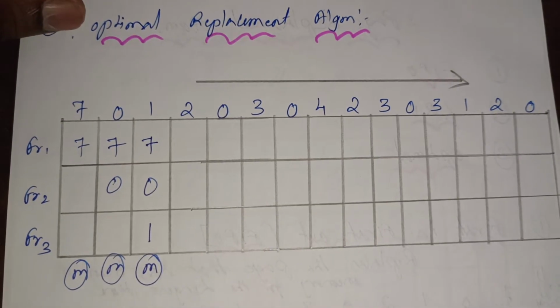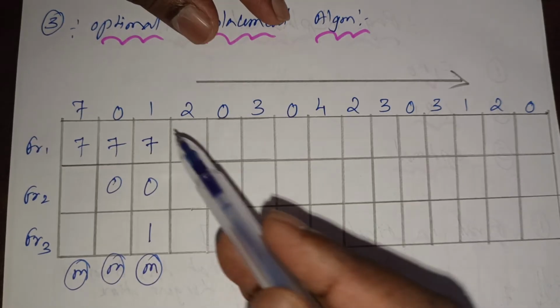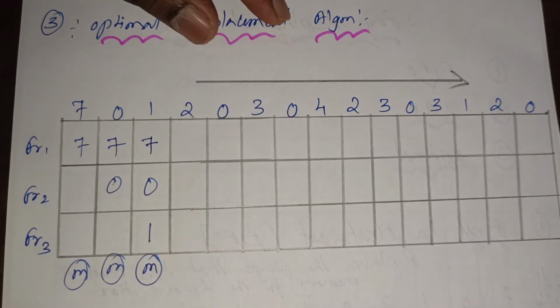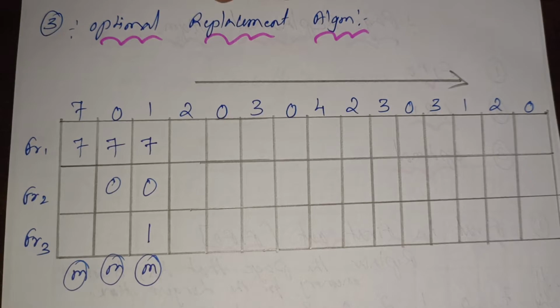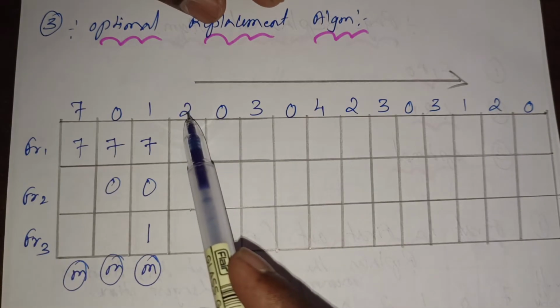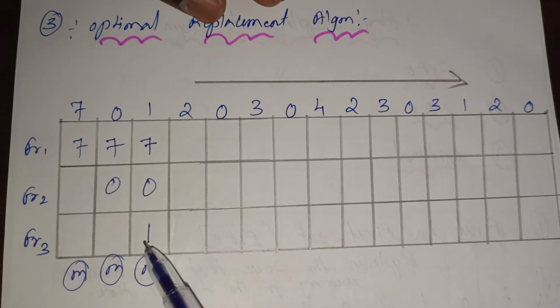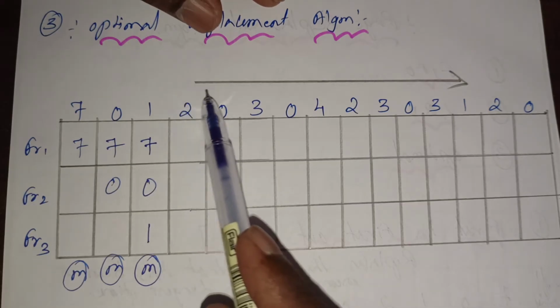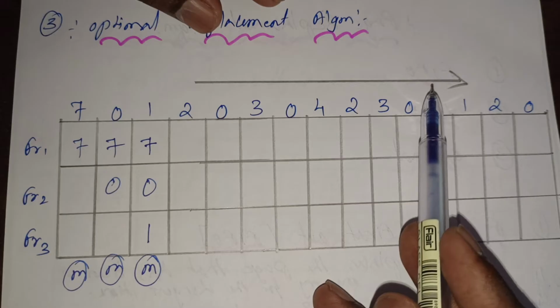So now we are going to check that. Now 2 is coming inside and the frame is full, right? This is the problem. How does this optimal replacement algorithm work, and which particular page will be replaced? Now 2 is coming inside, and we are going to check among 7, 0, 1 whichever is not used soon in the future.